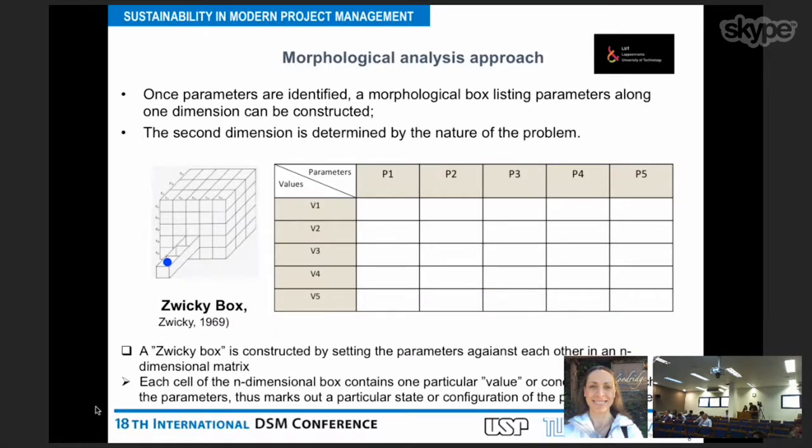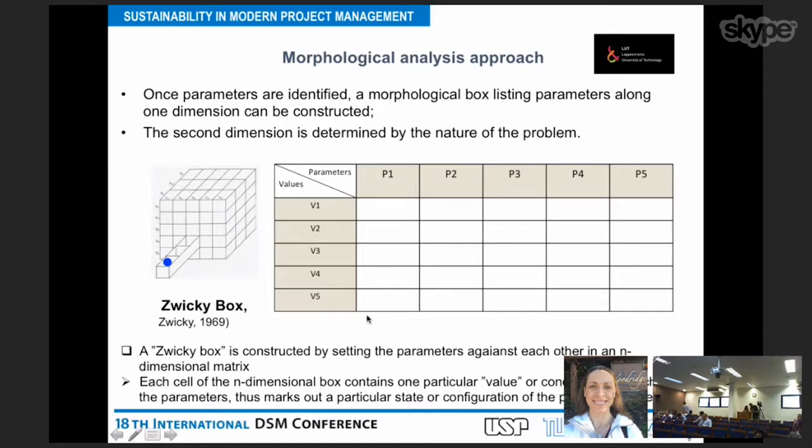So first we have morphological analysis. We have different parameters, and under these parameters, we develop a number of alternatives.